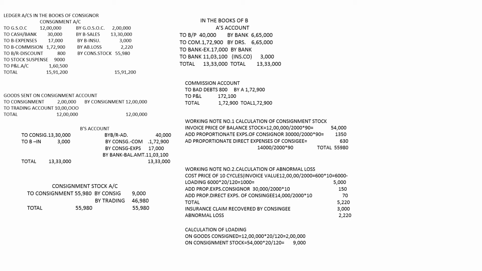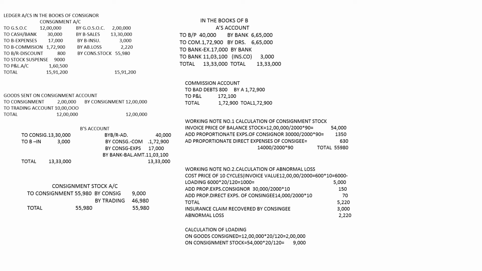By B, we will give him credit 3,000. By abnormal loss, 2,220. Since this loss is not recurring in nature, therefore we cannot show it as a consignment loss. We are showing it on the credit side of the consignment account.